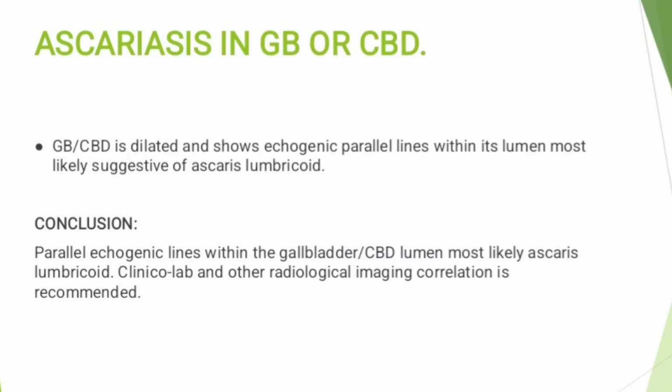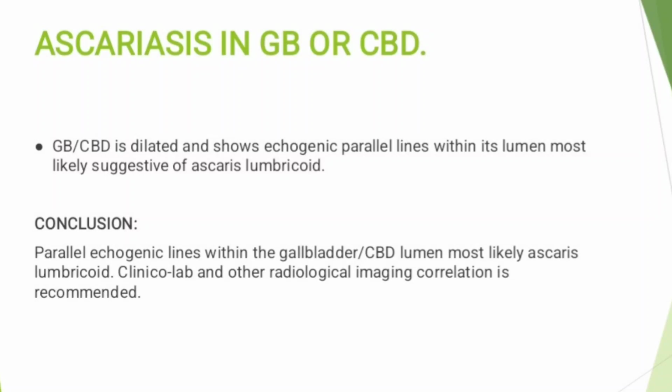The report would be like this: the CBD or gallbladder is dilated and shows echogenic parallel lines within its lumen, most likely suggestive of Ascaris lumbricoides. In the conclusion, you have to mention parallel echogenic lines within the gallbladder or CBD lumen, most likely Ascaris lumbricoides.